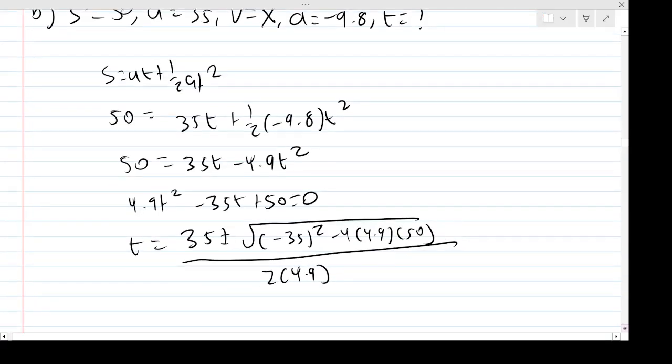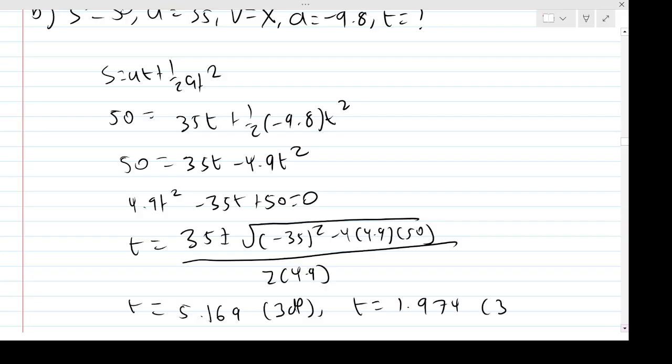So I get t to be 5.169 to 3 decimal places, or t is 1.974 to 3 decimal places.